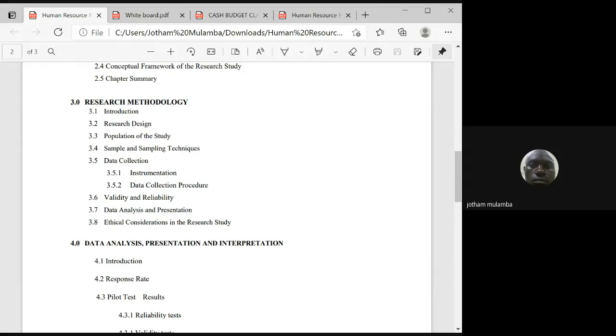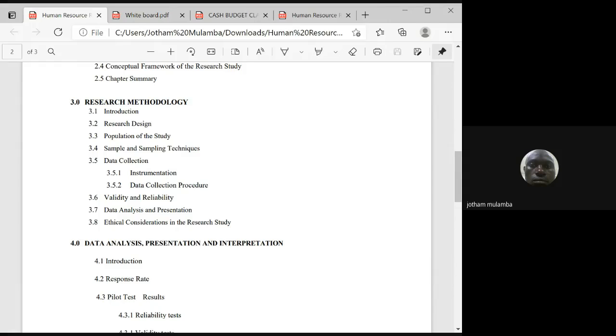Those are the designs that, if you tell us you are going to conduct a particular research, you can dictate how you are going to collect data, how you are going to analyze that data, and how you are going to present that data. So you tell us about the design you are selecting. And as I've said, when you read those textbooks, they tell you the advantages of using that particular research design. So you tell us according to that particular author, what he advised and what you should do.